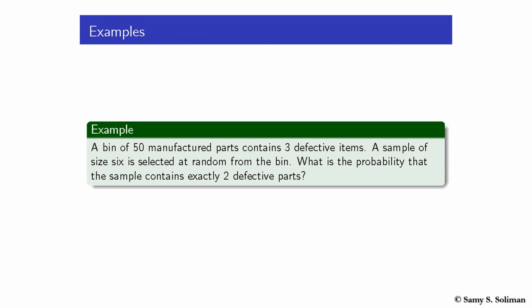a similar example where we have a bin of 50 manufactured parts that contains 3 defective items. So we have a pool of 50 components, 3 of them are defective, and the remaining 47 are good items. Then a sample of size 6 is selected at random.